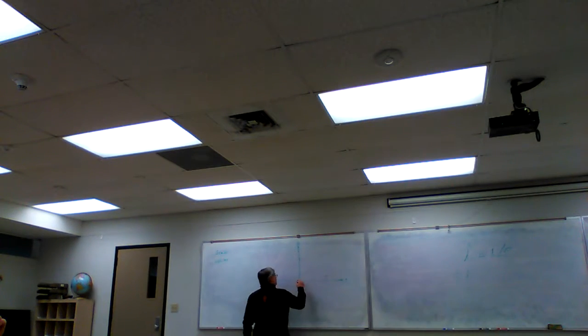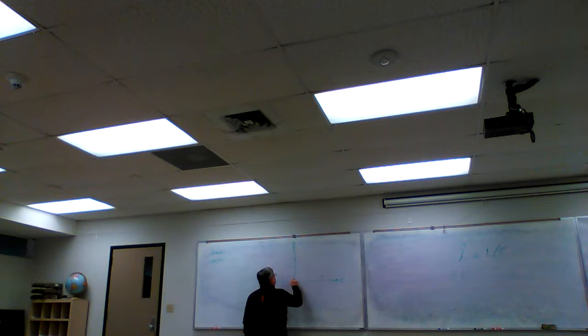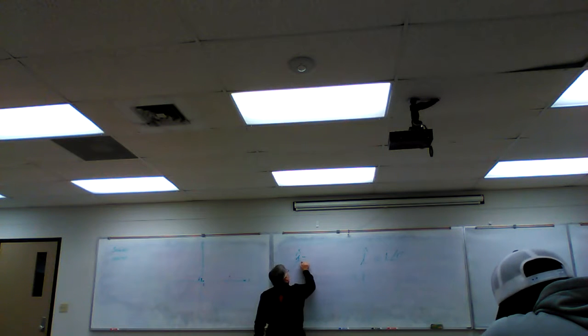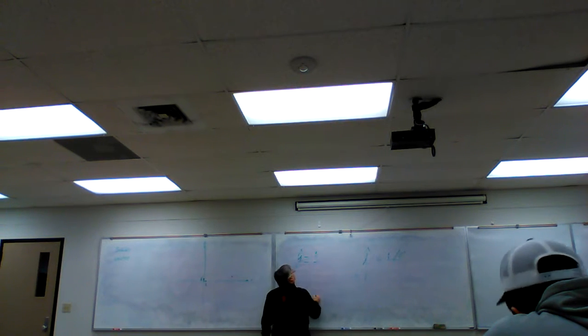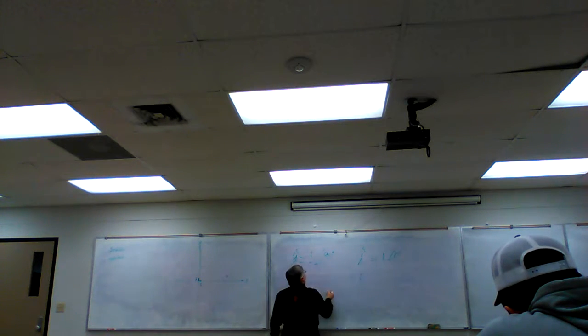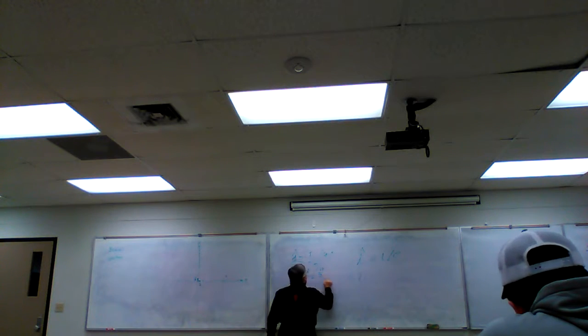Now we're going to define a second unit vector that is 1 unit long and points directly up the y-axis. And we're going to call that unit vector j. j is a unit vector that by definition is 1 unit long at an angle of 90 degrees, or 1 unit long at an angle of pi over 2 radians.